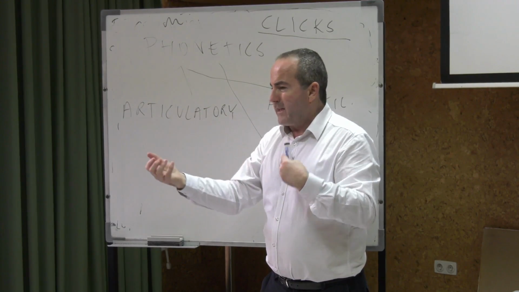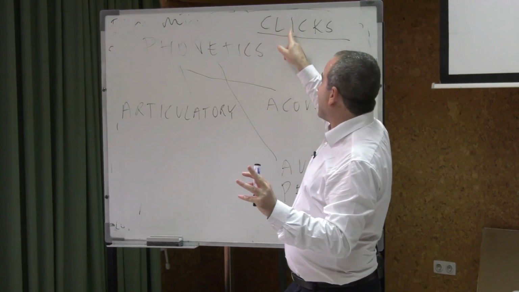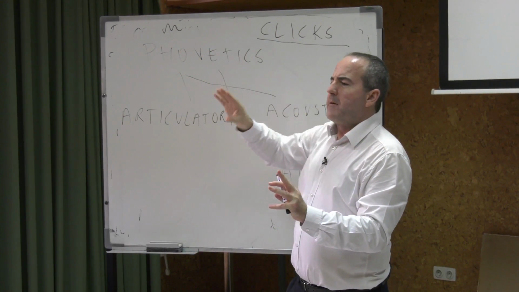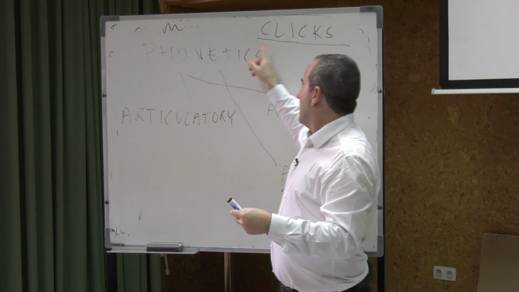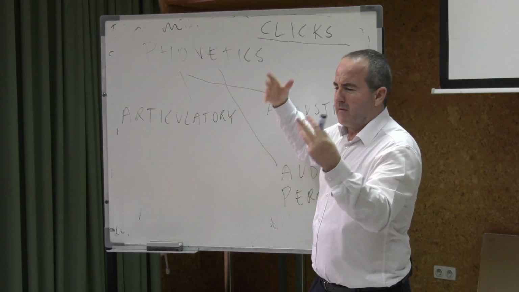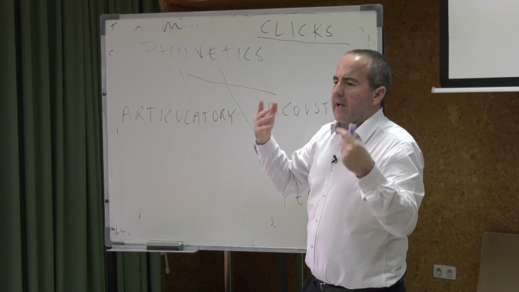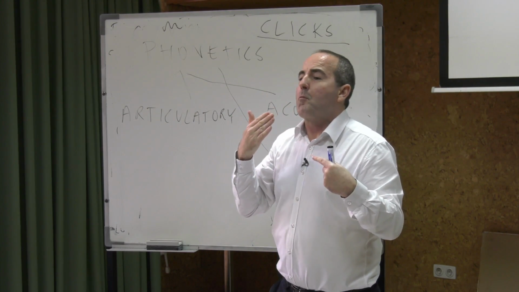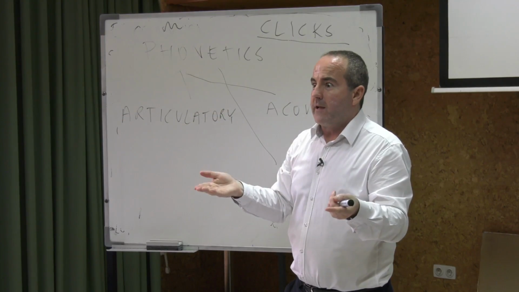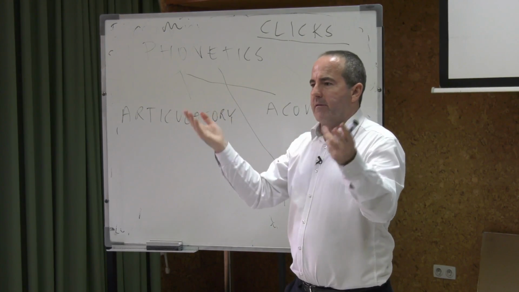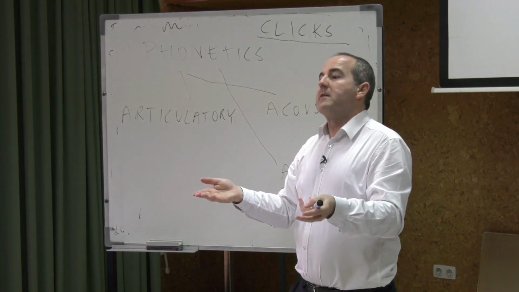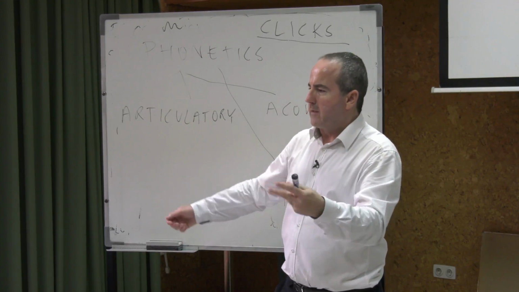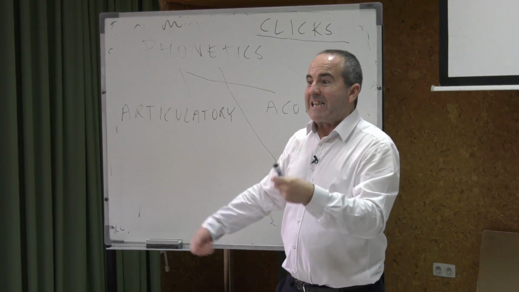In Spanish and English, we don't use clicks in the phonetics or the phonology of the language, but we use them for non-verbal purposes. Like, for example, when we want to give a kiss, or when we want to say no, or where are you going, or when we want to cheer up a horse so that it goes faster.